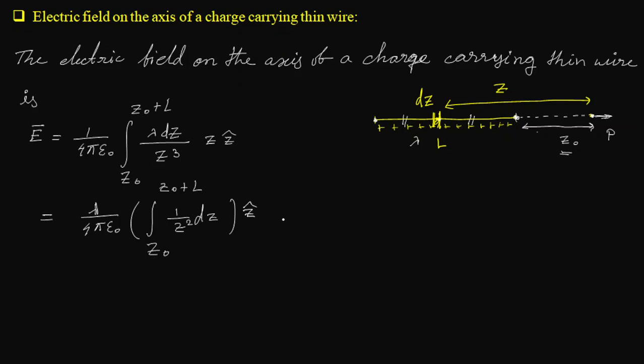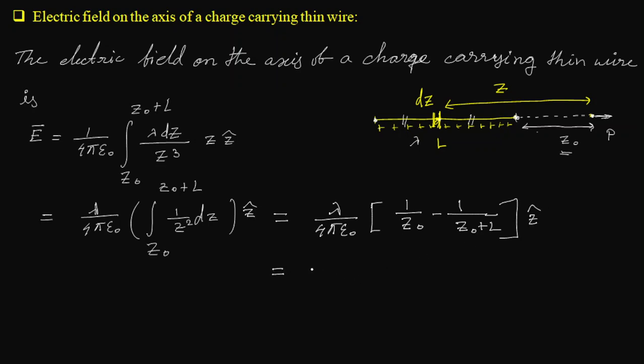When you do this integration, we'll get lambda divided by 4 pi epsilon naught, and this integration will be minus 1 by z. That means we'll get 1 by z naught minus 1 by z naught plus L, into z cap.